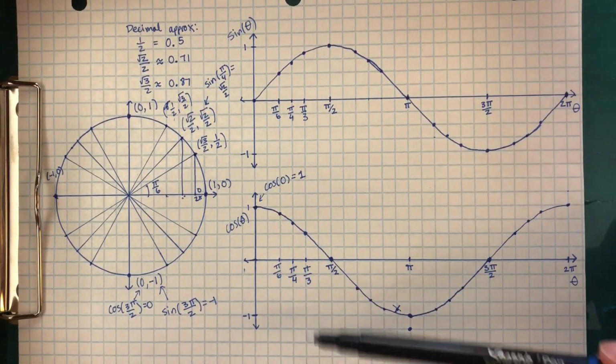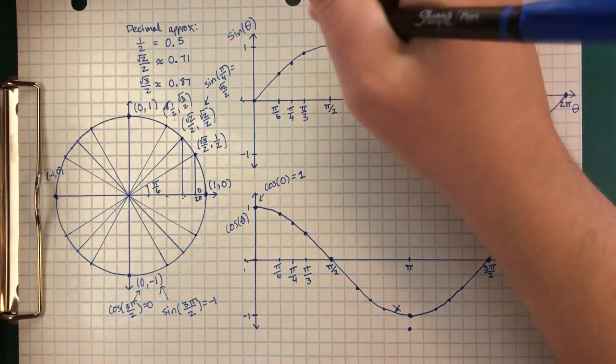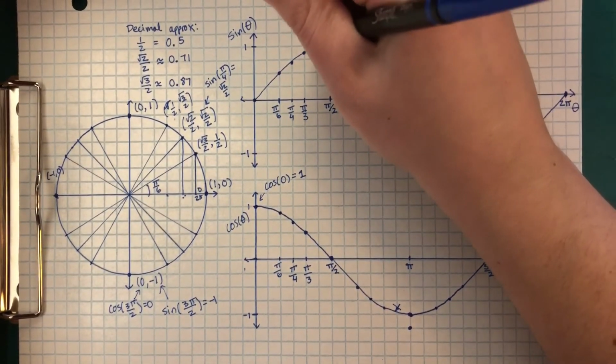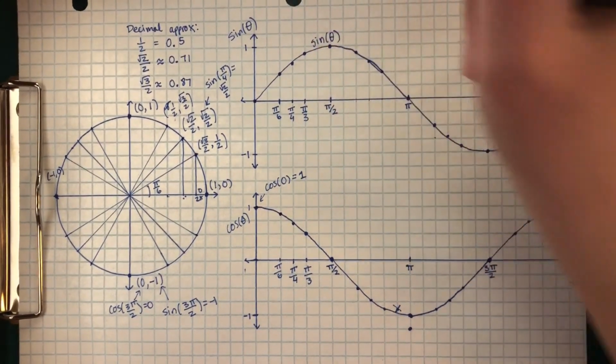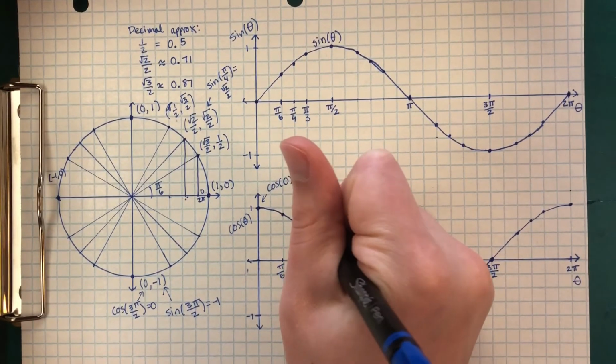Great. So we now see a graph of the function sine of theta and the function cosine of theta.